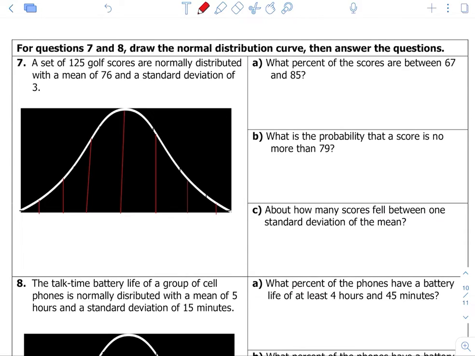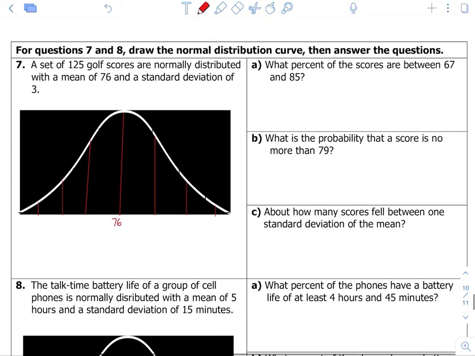So here's your mean, and you put it in the middle. Every block is a standard deviation away. So it says our standard deviation is 3, right? So 3 away from here is 79, 3 away from there is 82, and 3 away from there is 85. The other way, 73, 70, and 67. 3 away, right? Because it says standard deviation is 3.